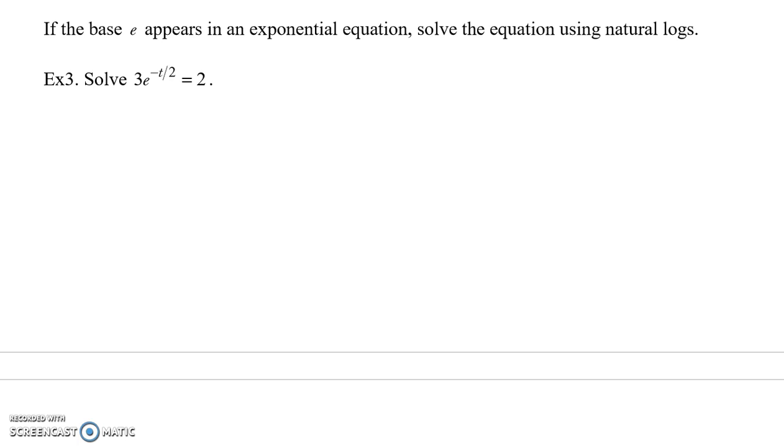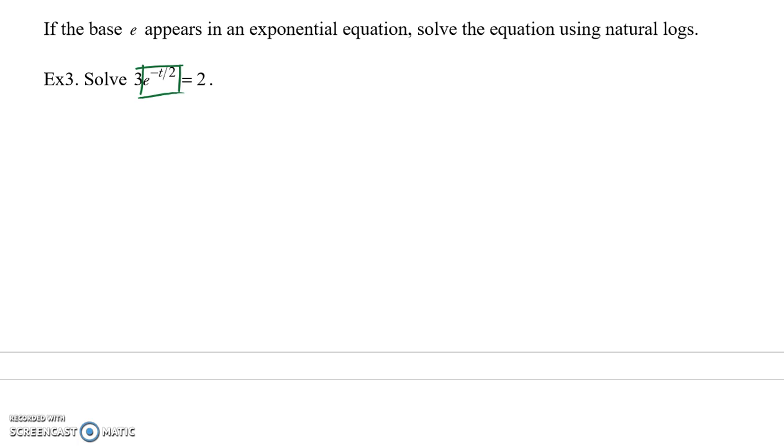As in an earlier example that we did, before we apply a natural log, we want to isolate the exponential part of the equation. So in example 3, we see the exponential expression e to the minus t over 2.